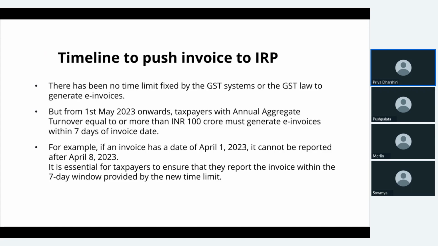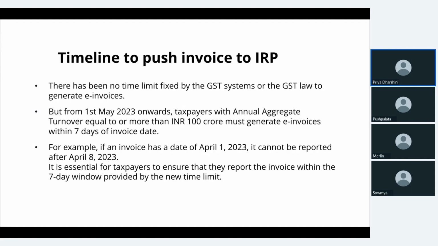This is mandated from 1st of May 2023. So if you have generated an invoice on, say, 1st of May, the maximum time limit with which you can push the invoice to IRP and successfully generate an IRN is only until 7th of May. When you push it on 8th of May, the invoice will not get pushed. There is a time restriction on it, and this is mandated from 1st of May 2023.